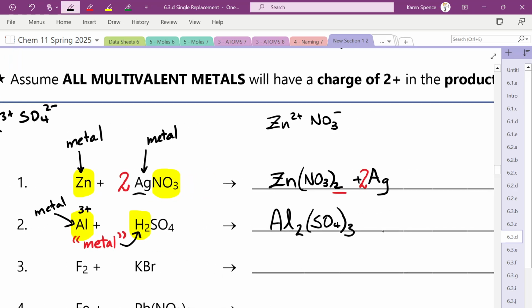And then hydrogen gets kicked out, and of course it is diatomic, so it is H2. All right. And now we balance. We have 3 SO4, so let's put a 3 here. Now we have 6 hydrogen, so that's going to be a 3 here. And then we need 2 aluminum, so we're going to put a 2 here, and that's done.